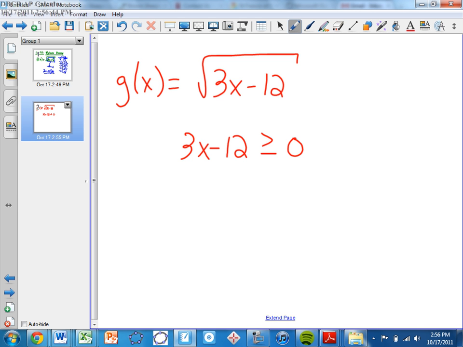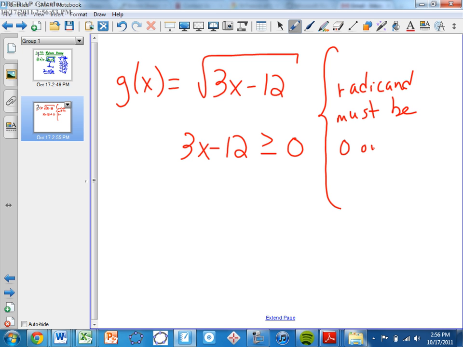If you are writing notes down in words, we're saying the radicand must be 0 or positive. These are the kind of notes you should be writing on your own when I say so, because you're not going to write all of this down. But the radicand must be 0 or positive. That's what that statement says.